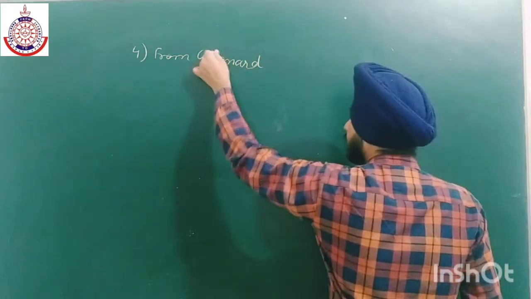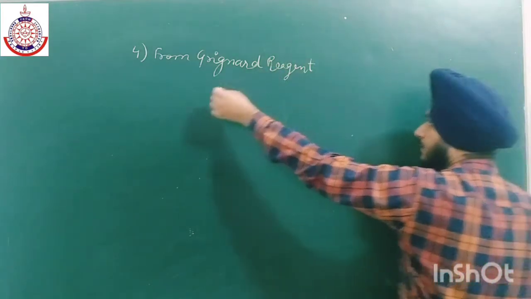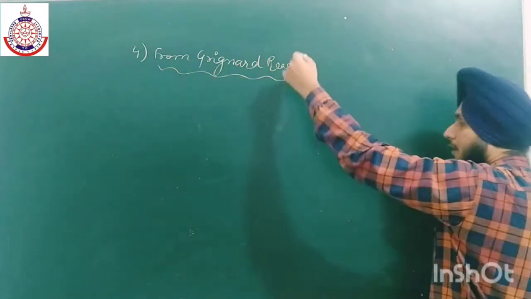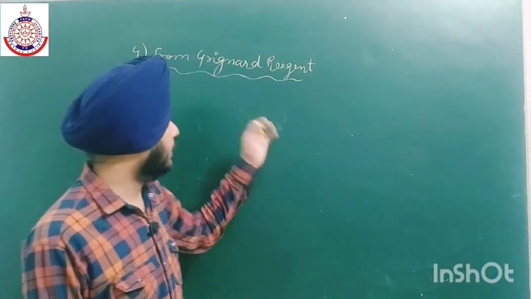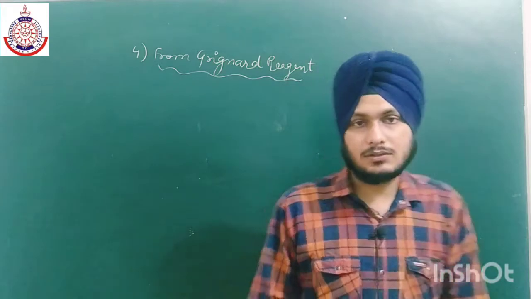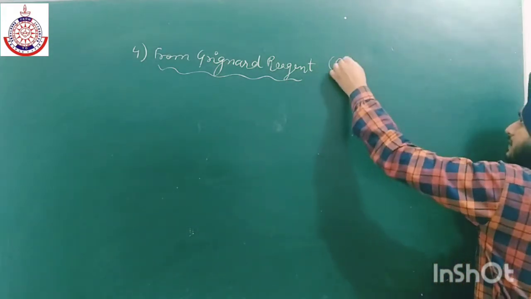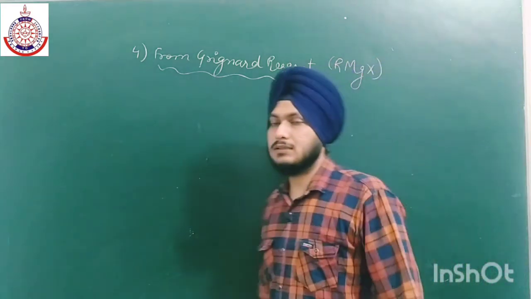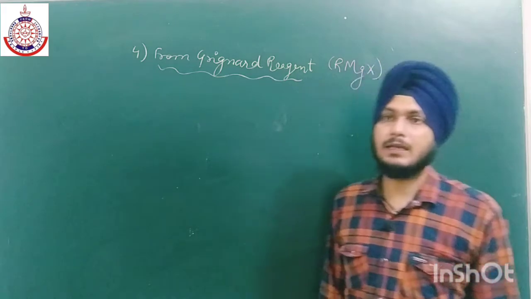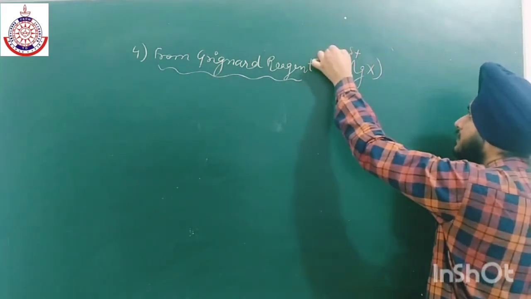I have already told you that we can prepare any of the species with the help of Grignard reagent. We can prepare alcohols, aldehydes, ketones, carboxylic acid, esters with the help of Grignard reagent. That is why it is a very useful reagent. The general formula is RMgX, and it will act as a nucleophile, because here we have partial positive and partial negative charge.